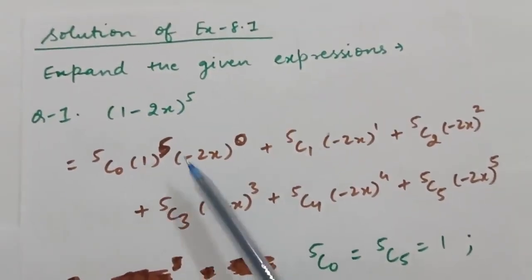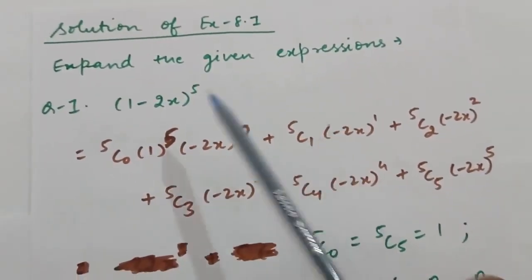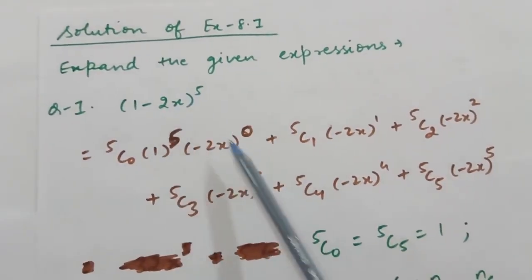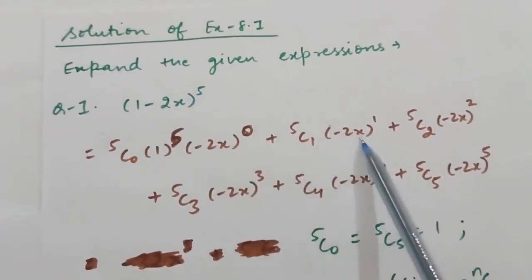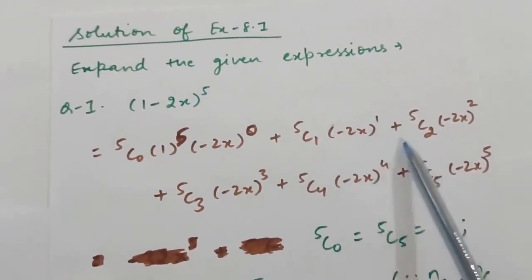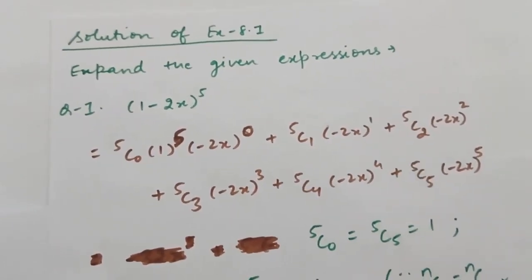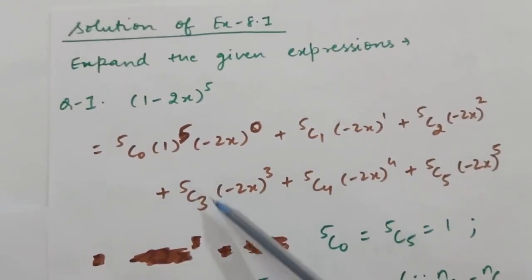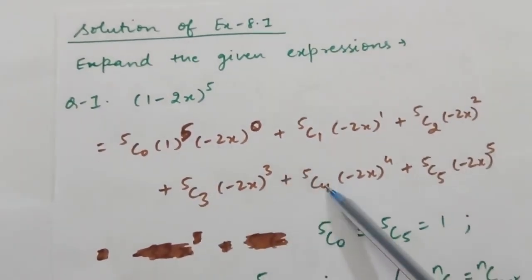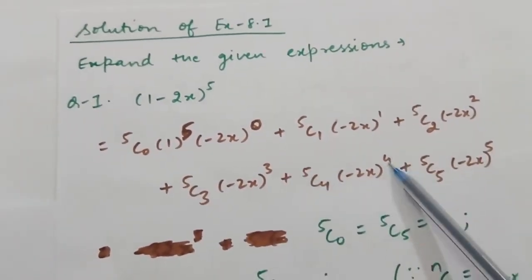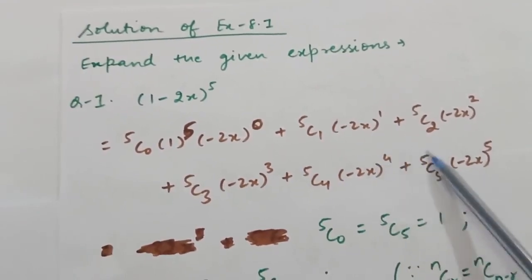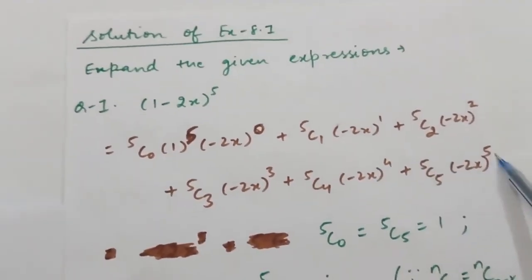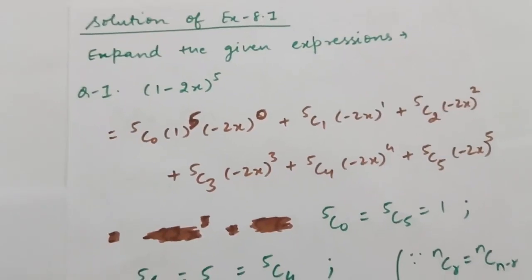So it's useless to write again and again power of 1. So we are just taking this second term. Now second term power will be minus 2x raised to the power 1 plus 5c2 minus 2x square plus 5c3 minus 2x cube, 5c4 minus 2x raised to the power 4 plus 5c5 minus 2x raised to the power 5.